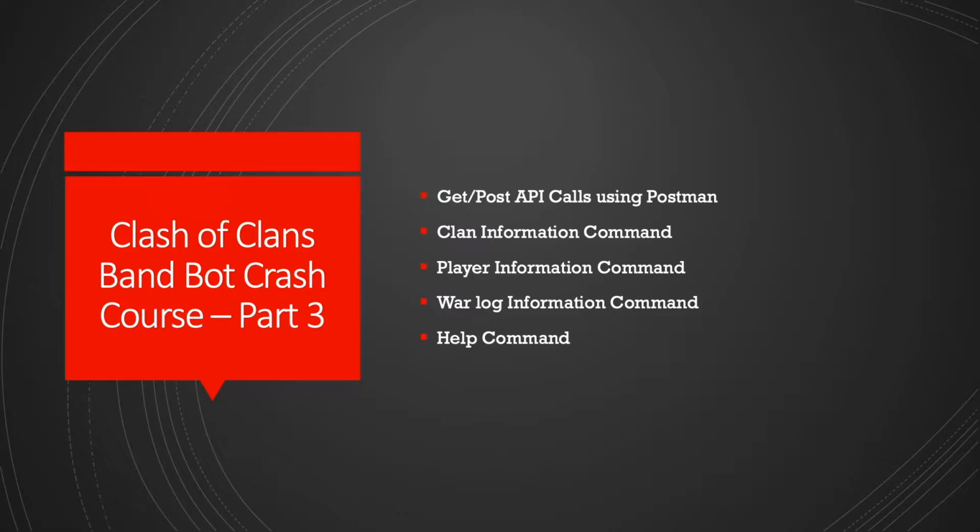This will also help us implement our business logic for our code: how we're going to interact with those objects, and what objects or information we require from both of the API services.